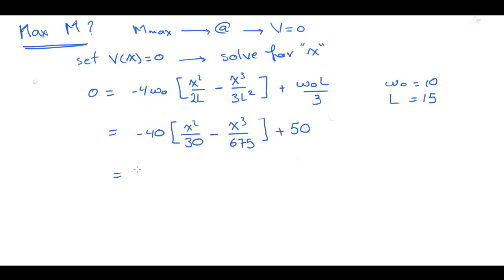Okay, and let's rearrange this. We will have the following: 8 over 135 x cubed minus 4 over 3 x squared plus 50 equals to 0.